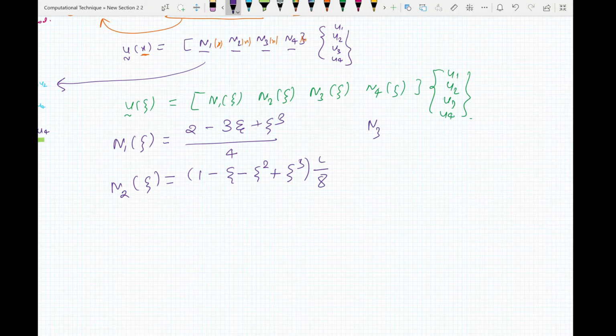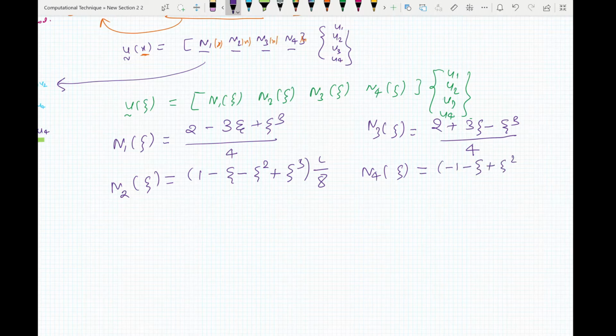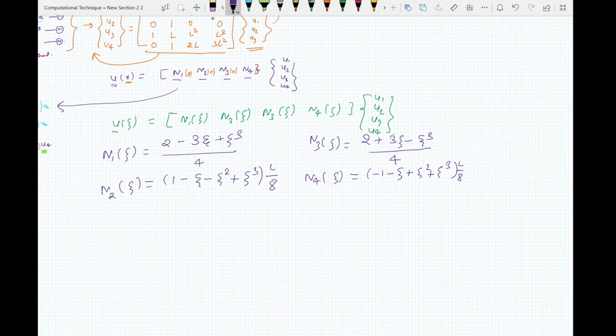Your n3 of xi will be equal to 2 plus 3 xi minus xi cube, divided by 4, and then your n4 of xi will be equal to minus 1 minus xi plus xi square plus xi cube, times L by 8. So these will be your shape functions in terms of xi.